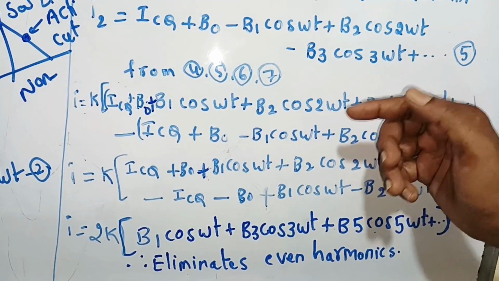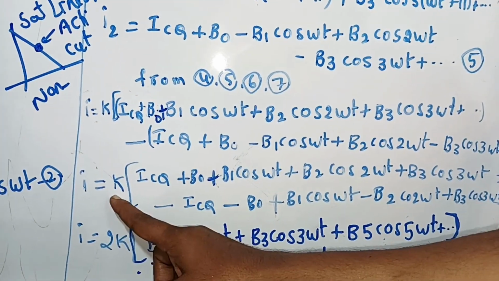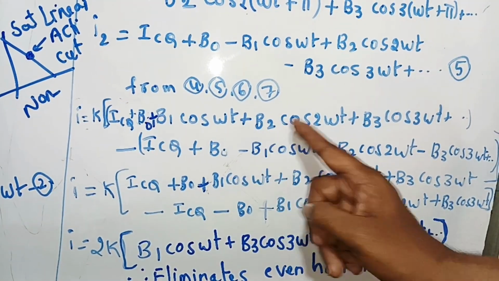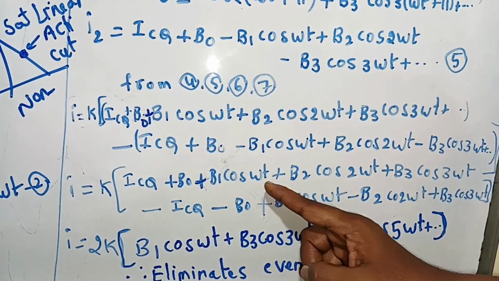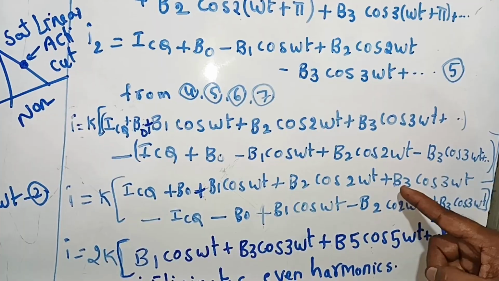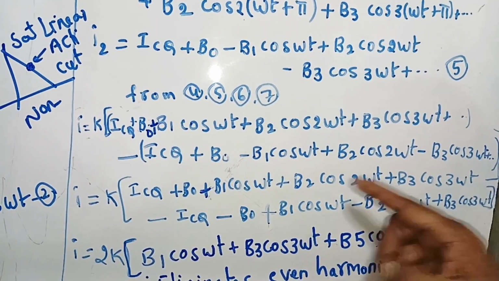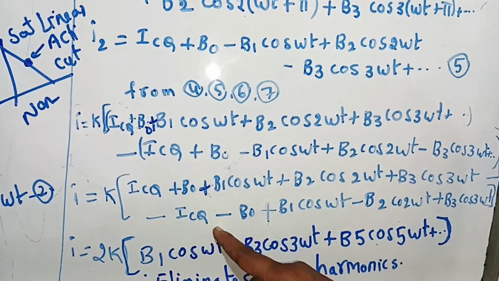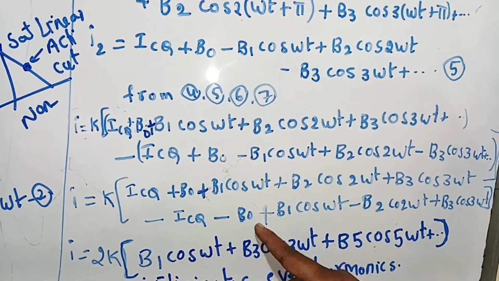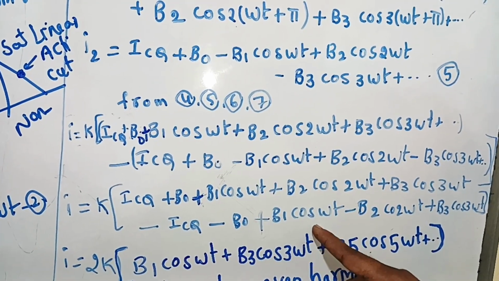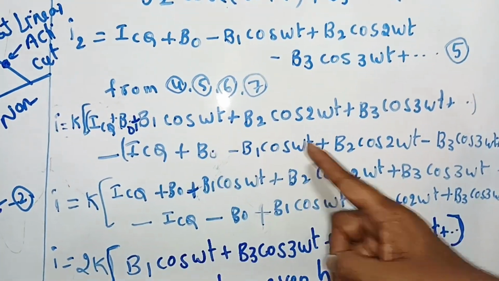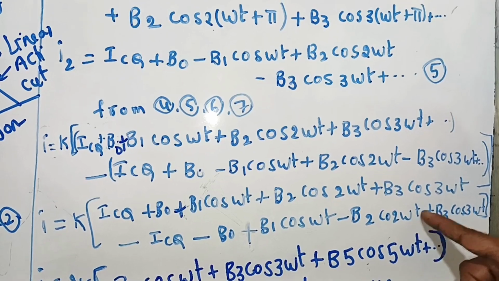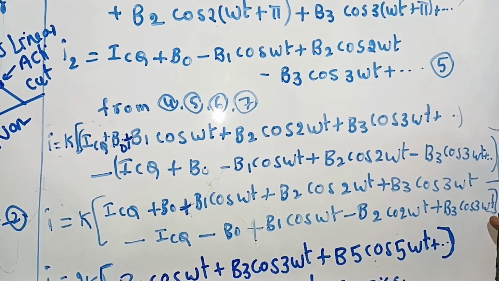Then again simplify that. I is equal to K into ICQ plus B0 plus B1 cos omega t plus B2 cos 2 omega t plus B3 cos 3 omega t, minus ICQ minus B0, then minus into minus gives plus B1 cos omega t, and minus B2 cos 2 omega t, then plus B3 cos 3 omega t.